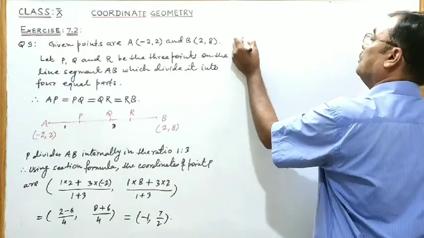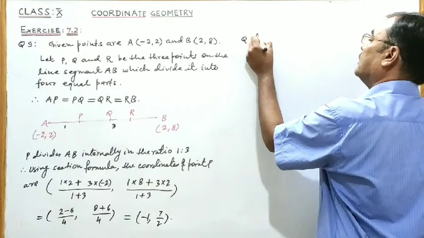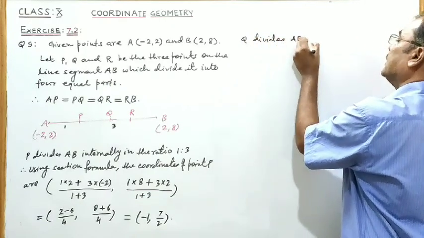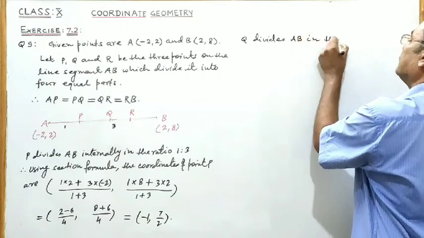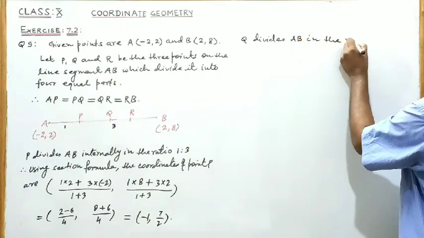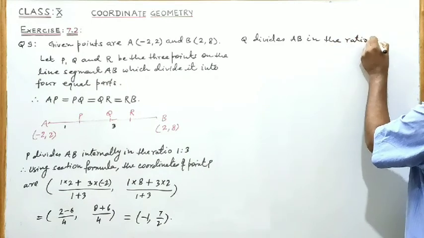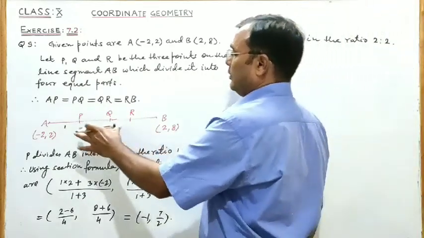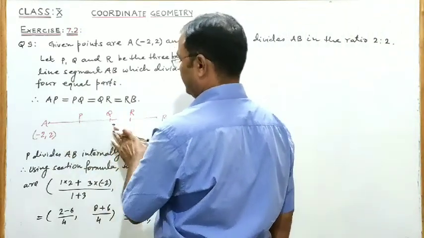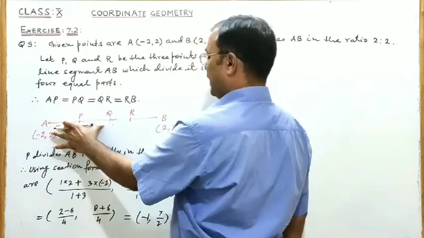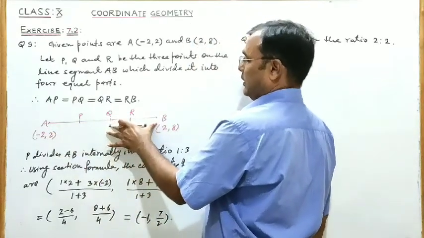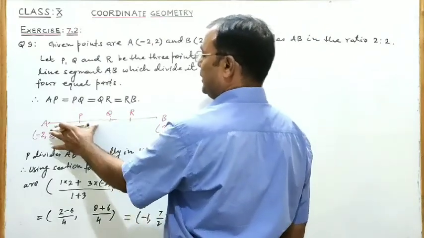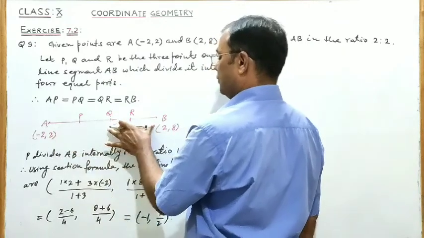Now point Q divides AB in the ratio 2:2, because AQ is 2 parts and QB is also 2 parts. So point Q divides AB in the ratio 2:2.